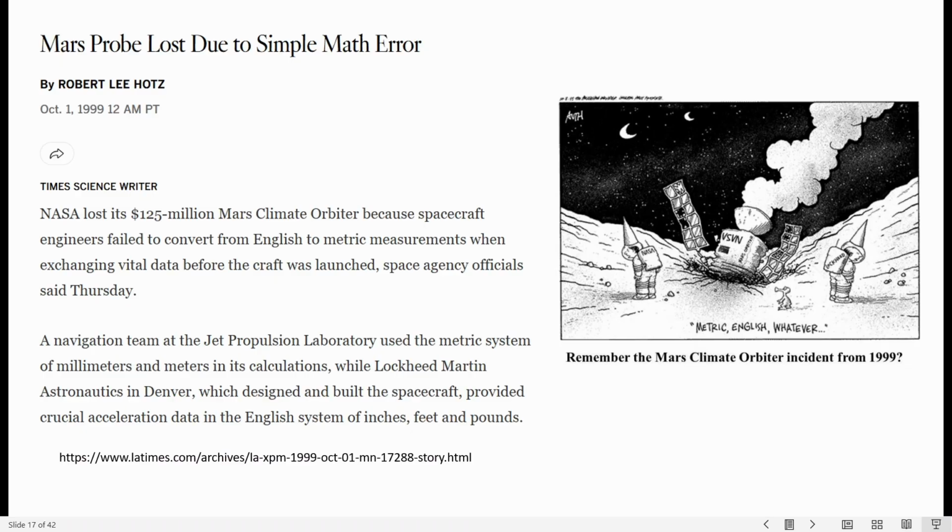One team from the Jet Propulsion Lab used the metric system, and Lockheed Martin in Denver, another team in that project, designed and built the spacecraft using the English system. So they did not write the units properly, and they lost this Mars probe.